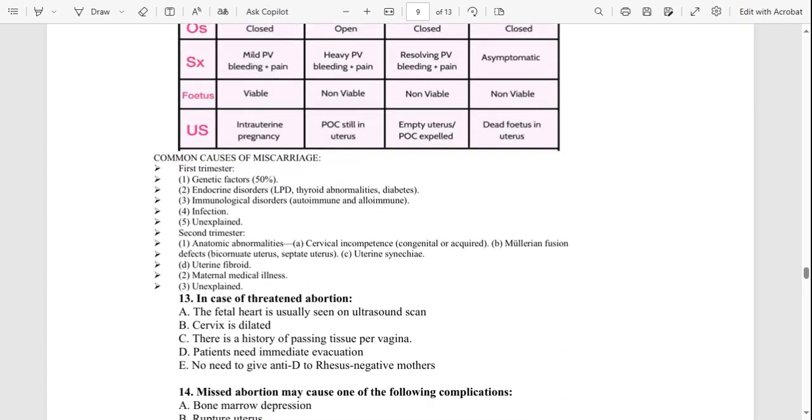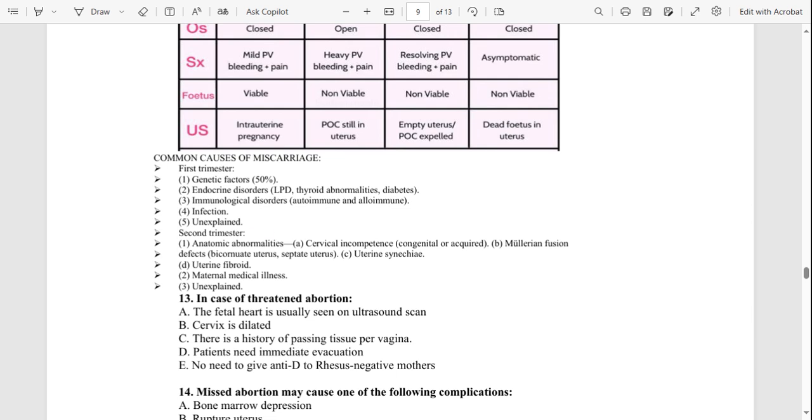So when you look at the most common causes of miscarriages in the first trimester, the commonest are genetic factors like chromosomal abnormalities. Then you have endocrine disorders like thyroid disease and diabetes, immunological disorders which can be autoimmune or alloimmune, infections, and others that are unexplained.